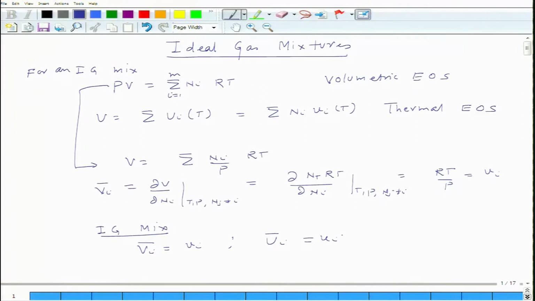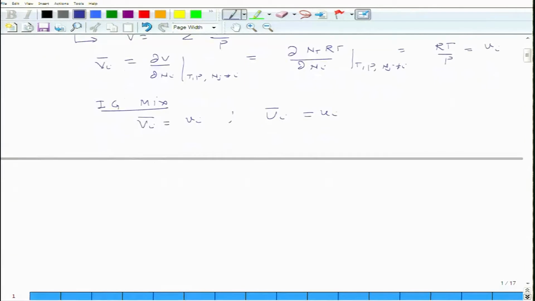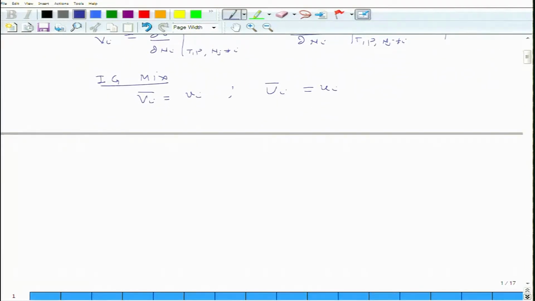Now, in general for an ideal gas mixture, I can generalize what we have calculated: for any extensive thermodynamic property, the partial molar property for an ideal gas at a given temperature and pressure is equivalent to its molar property of the pure system for a component i at that temperature, but at its own partial pressure.